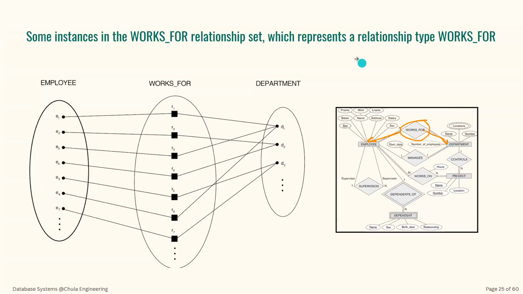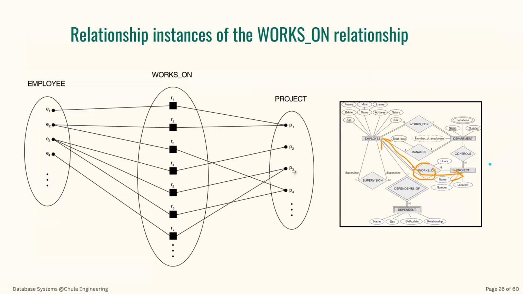So this is the relationship type works for, for example. Now, if you look at the relationship called works on, it's between employee, oh no, sorry, this is another set. Employee and project. Between employee and project, there is a relationship called works on. You can see here that one employee can work on many projects.